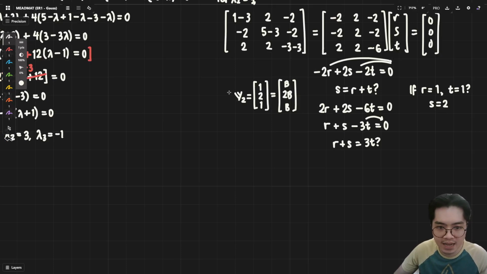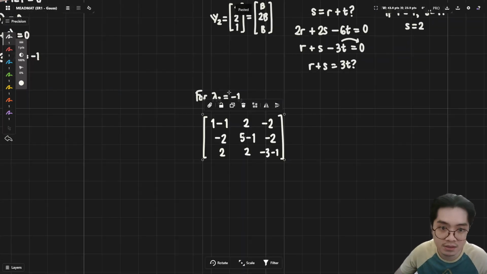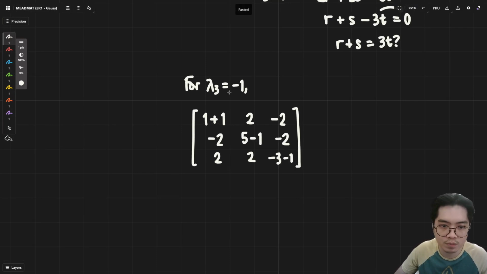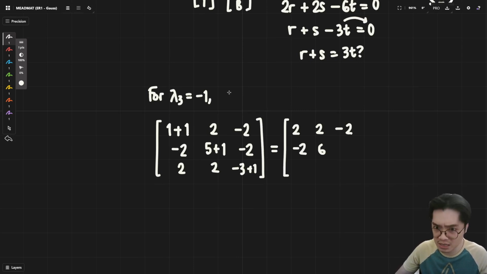And for our last eigenvector, for lambda 3 equal to negative 1, let us copy paste. There you go. So instead of minus 1, I will do plus 1, plus 1, plus 1. So we will have in here 2, 2, negative 2, negative 2, 6, negative 2, and then 2, 2, negative 2.